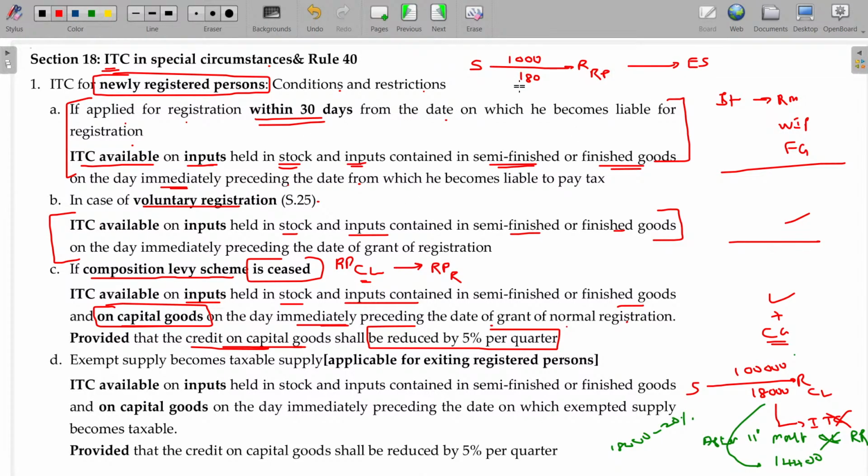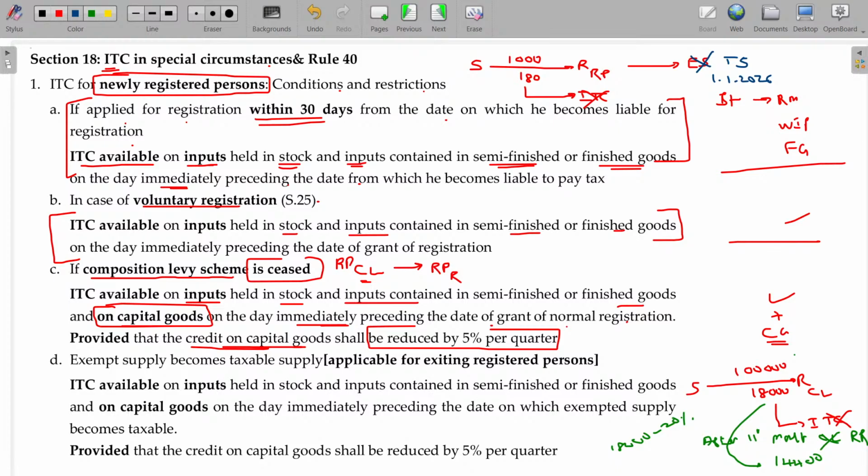As you are rendering exempted supply, ITC is not available. Suddenly, sometime later, the government announces that this will no longer be exempted, hereafter it is taxable supply. From 1/1/2026, until that period, it was not taxable. On 1/1/26, it becomes taxable.